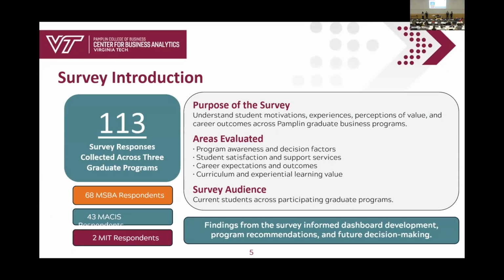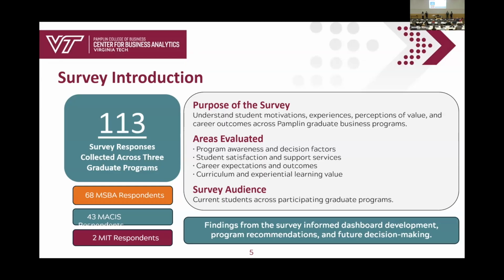Our survey was organized around 4 core areas: program awareness and decision factors, student satisfaction and support services, career outcomes, and finally, overall program value. Some insights from our survey include that by March, nearly half of our respondents had already secured employment. Additionally, 80% of students believe that their program would benefit their career advancement in the long term.